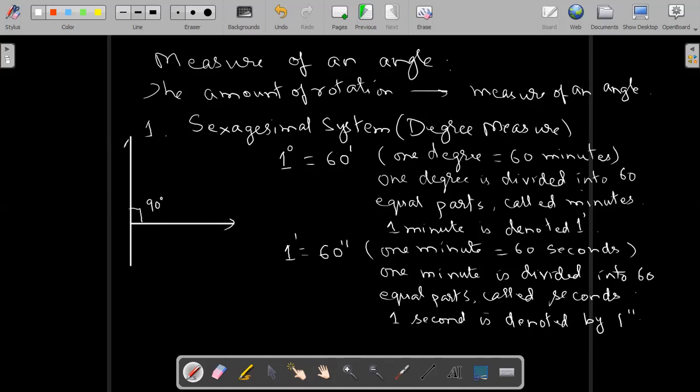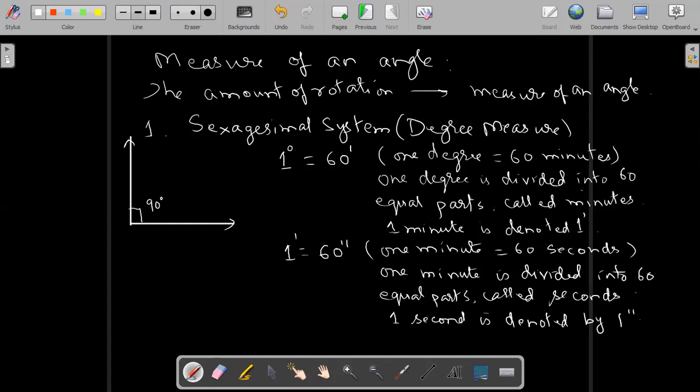If we want to convert it into minutes, we will multiply by 60, and further if we want to convert into seconds, we multiply by 60 again. So degrees, minutes and seconds. Understood? The second system we will use more.